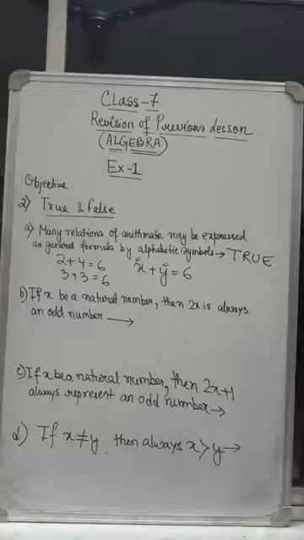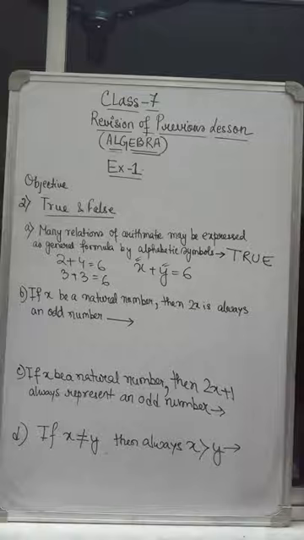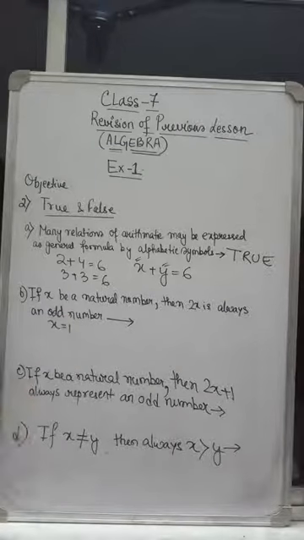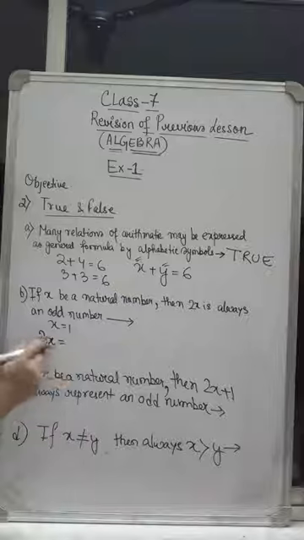B. If x be a natural number, now natural number means 1, 2, 3, 4, anything, then 2x is always an odd number. That means if you multiply 2 to x, it will always give you an odd number. Now let us take x is equal to 1. Now see what happens. When you do 2x, that means 2 is multiplied to x.